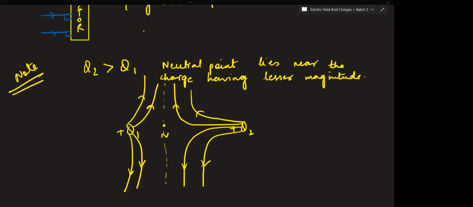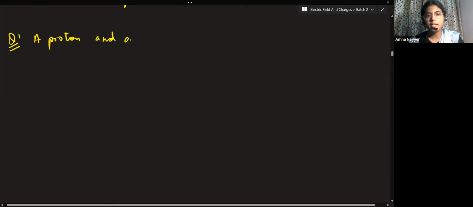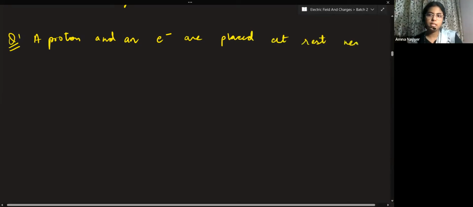Yes. All right. Now see one question that usually comes in your exam, which we have not discussed. See, a proton and an electron are placed at rest near positive and negative plates, whenever a charge is kept in an external electric field.